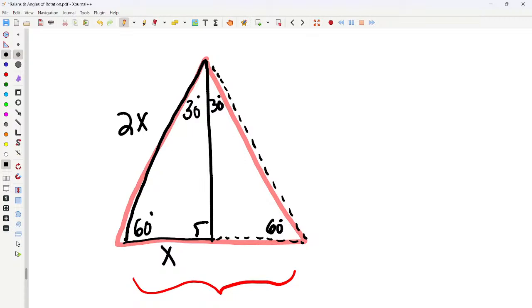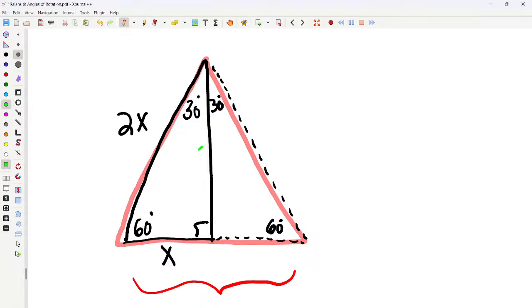Can I find the height of this? Let me phone a friend. Hello, Pythagoras. What's Pythagoras say? C squared, which is the hypotenuse.